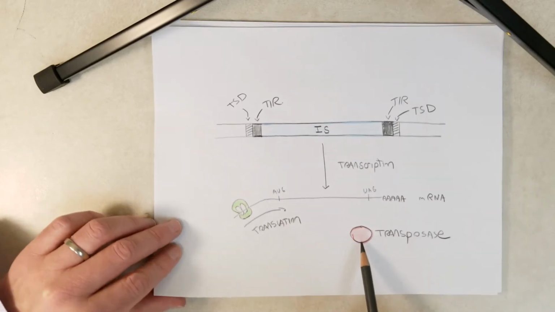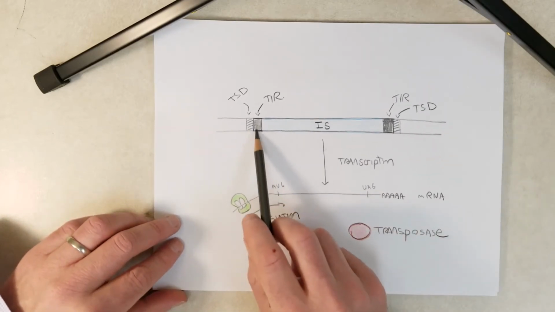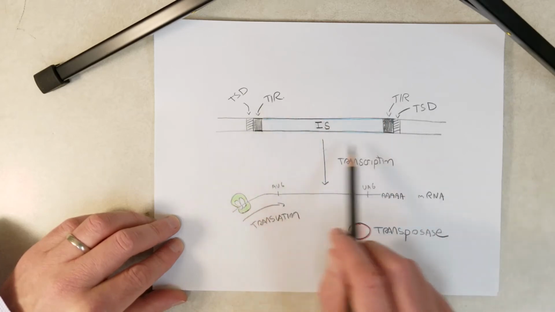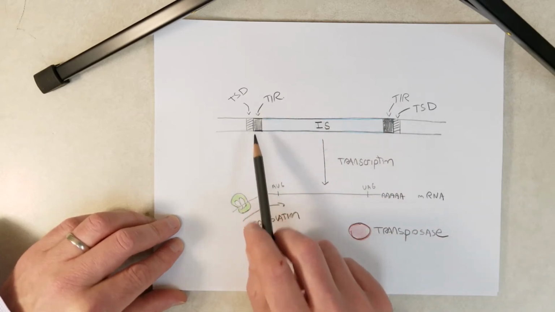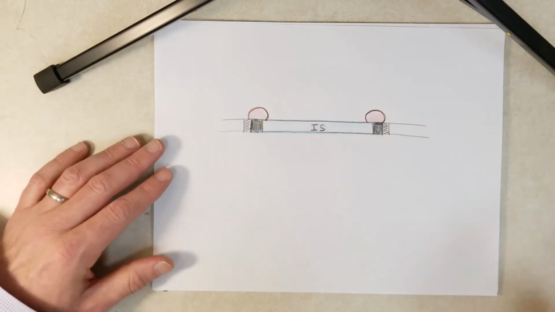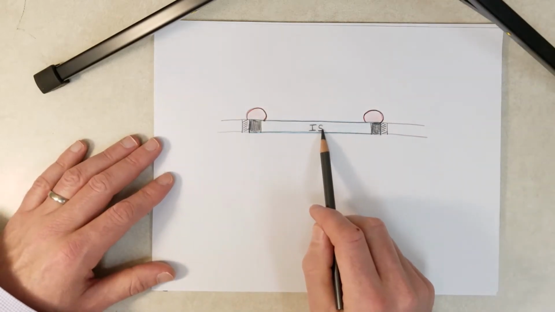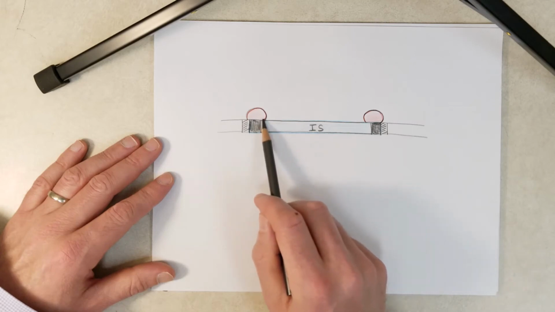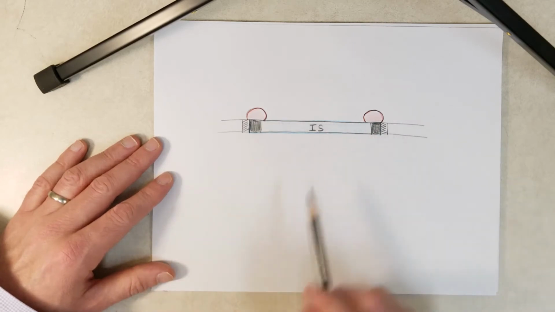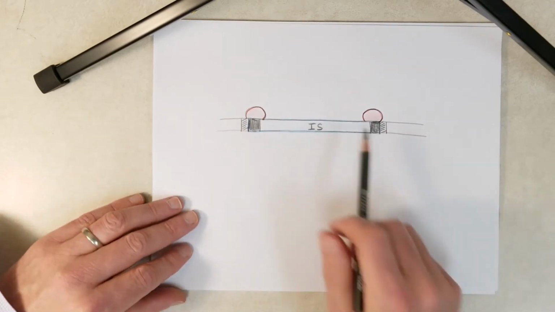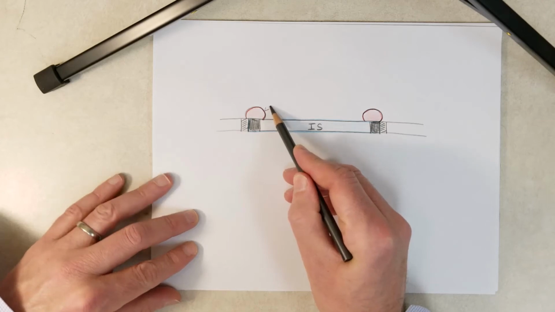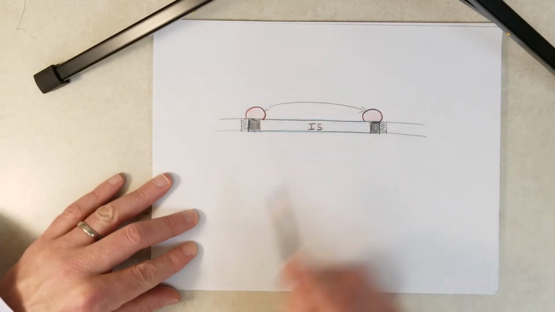So these transposases are going to search for the sequences in the TIRs. Essentially they're going to search for and locate the TIRs, and they're going to bind to the TIRs. So here I have the insertion sequence with the transposases bound to the TIRs. And these transposases interact with each other.